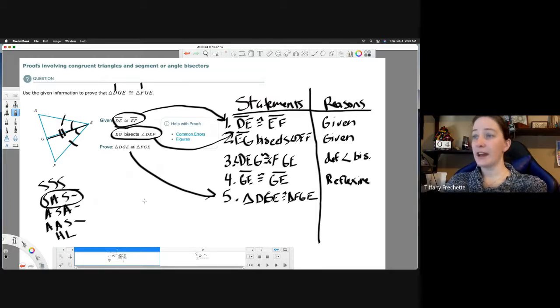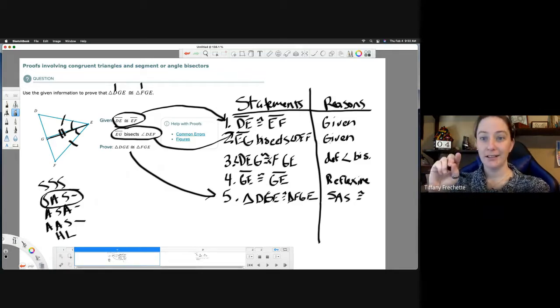And the reason for that, we just simply put side, angle, side congruence. And again, you're going to pick this from a dropdown, so just make sure you read through the dropdowns and you're picking the correct ones. Each time you put a line in here, you have to click check. It's going to let you know if that line is correct, and it'll let you move down to the next line. Most of these proofs will be 3 to 5 steps. They shouldn't be terribly long.